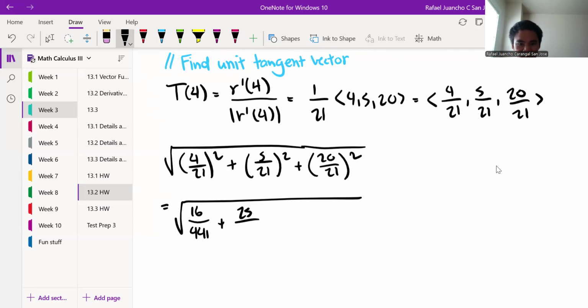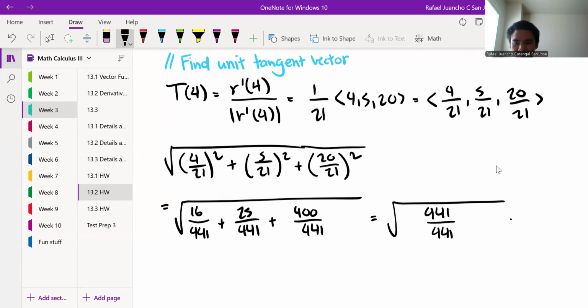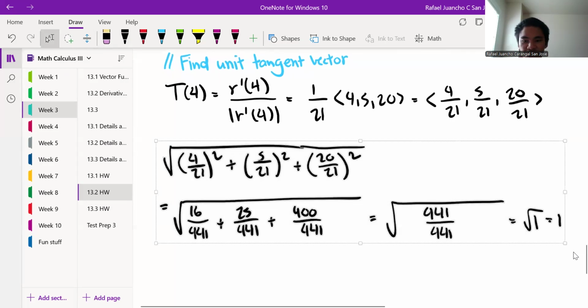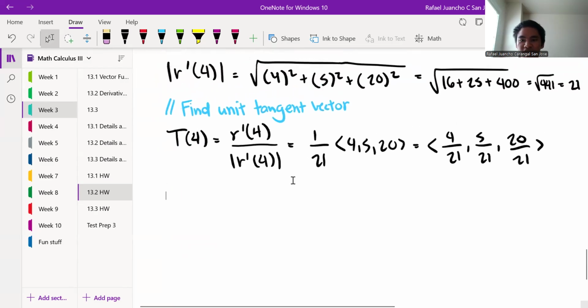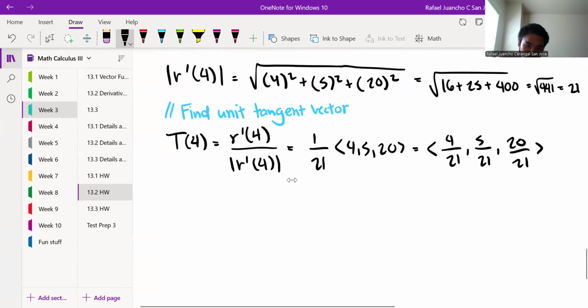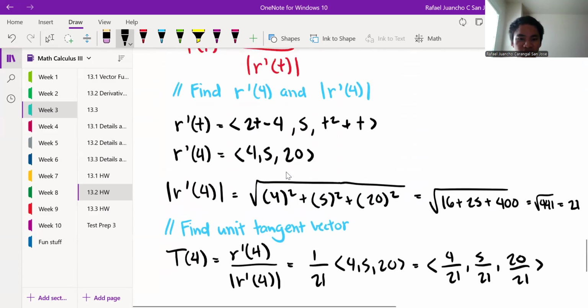Here we have 25. And here we have 400. And I keep going. So I have 16 plus 25 plus 400. I get 441. And I get square root of 1. I get 1. So that's how you know that it's a unit vector, because it always has a length of 1. Whether it's a unit tangent vector or a unit vector, it's always going to be a vector with length or magnitude of 1.